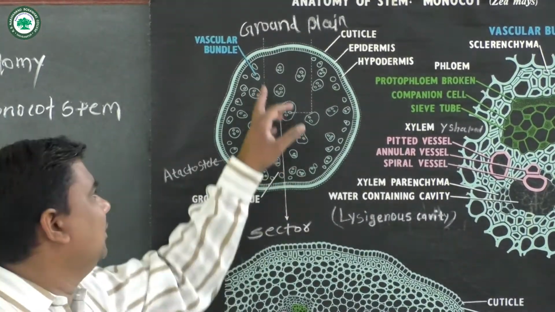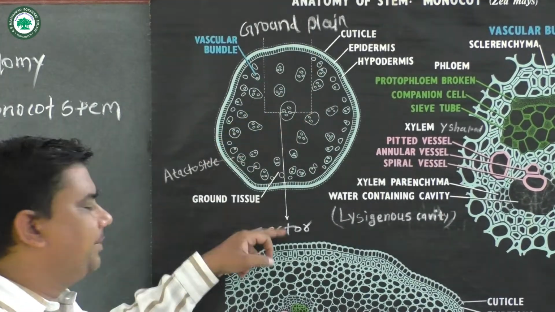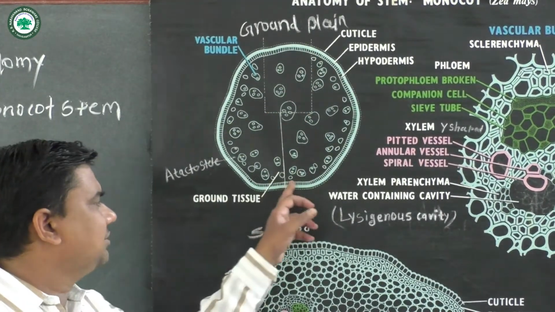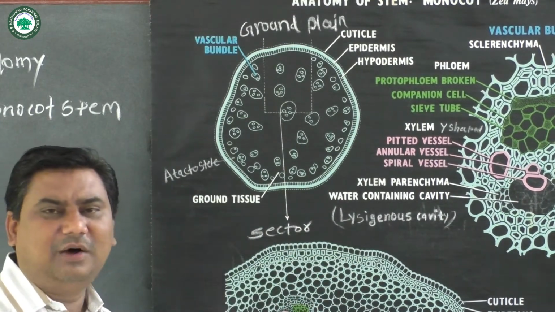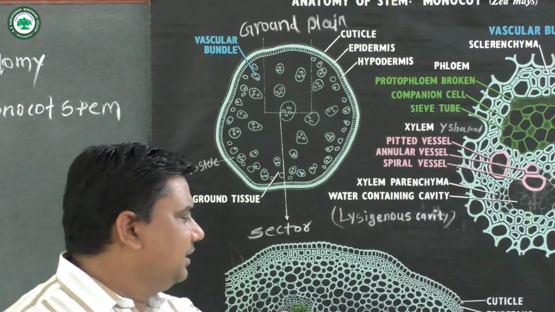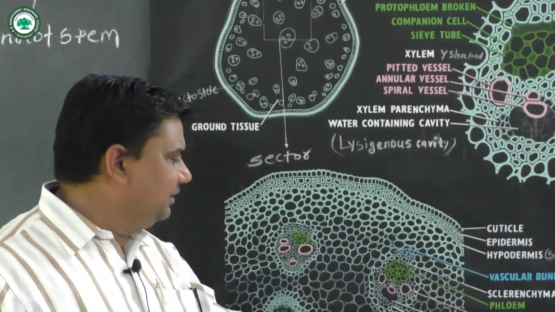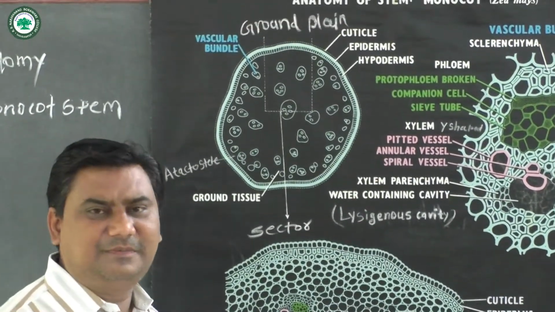Okay friends, we can now take the sector plane of the stem. This sector plane of the stem consists of the epidermis, then the hypodermis, and then all of these are ground tissue.